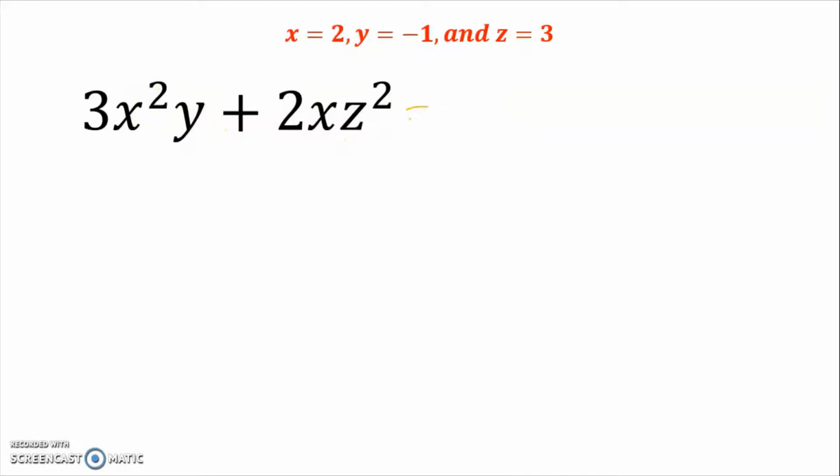3x squared y is the same as 3 times x times x, because x squared is x times x, times y.